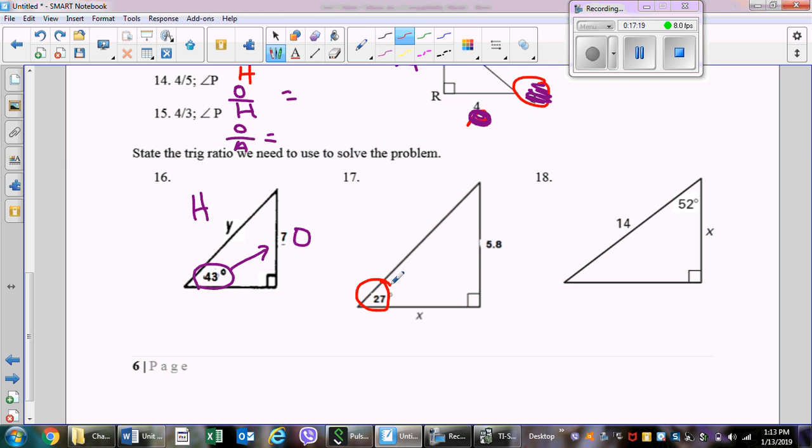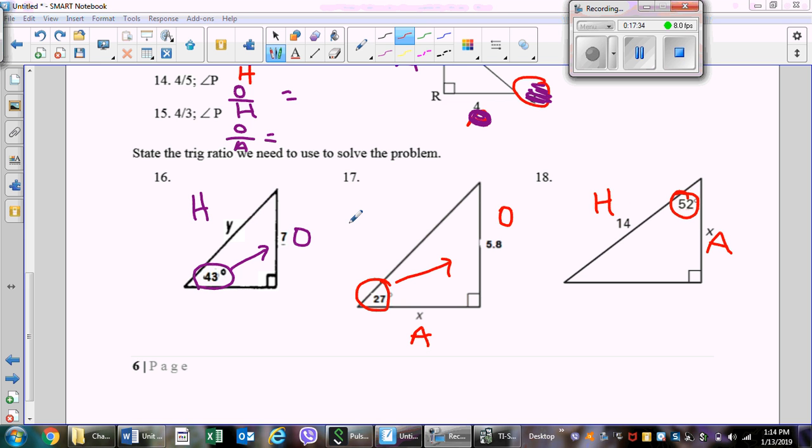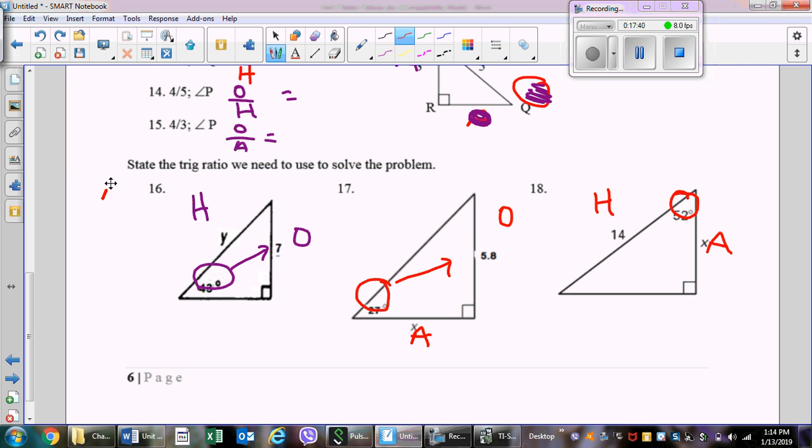Okay, this is 27. This is the opposite side, and this is the adjacent side. For 52, I'm going to label this as the adjacent side, and this is the hypotenuse. All right, so now I've labeled it, right? So now, which trig ratio has OH? Sorry guys.